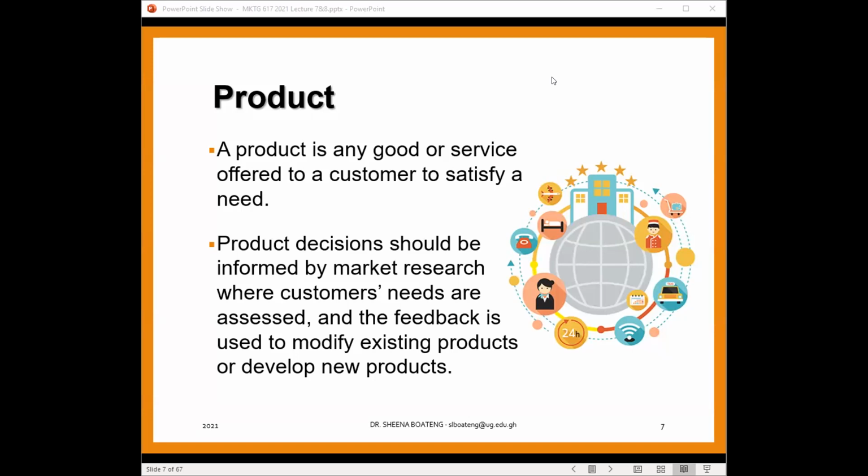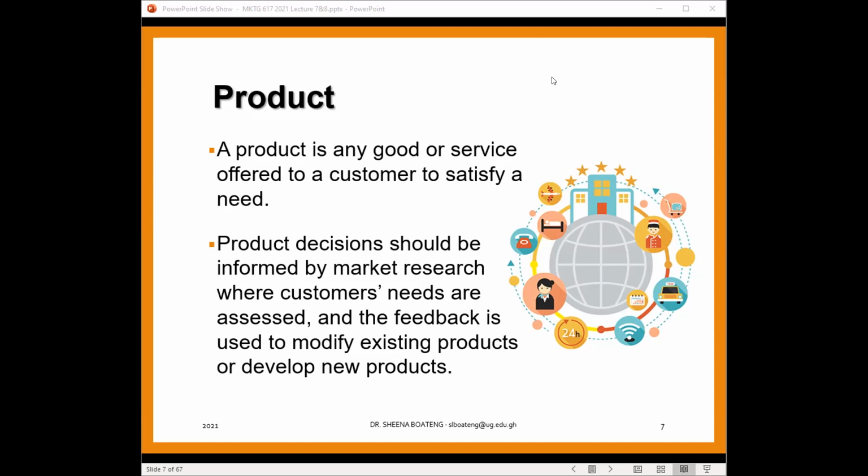So feedback from customers is another means by which we can get information to modify existing products to satisfy customer needs. If the product that we have currently is good enough to be modified slightly or to some extent to satisfy the existing need, we will be able to do so based on the feedback that we get or the original information we gather through market research using the 3 sources of data that we have at our disposal.